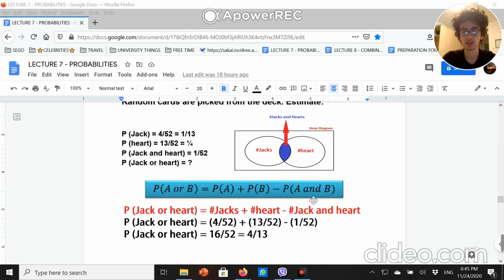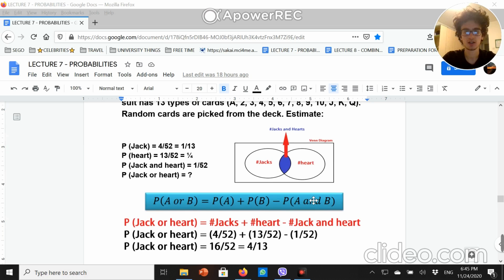So the probability of picking a jack or a heart is 4 over 13.